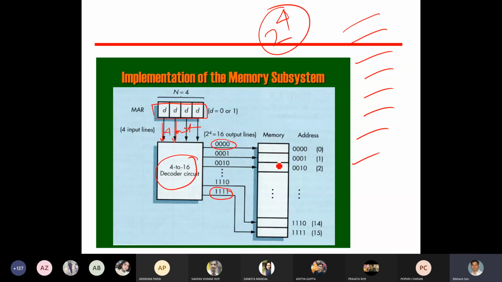So based on the memory, the decoder circuit size will increase. Here I have starting location 0, here 15. So 16 locations are there in total. Okay. Now you know these 4 values are there. From where do these 4 values come? From the decoder.